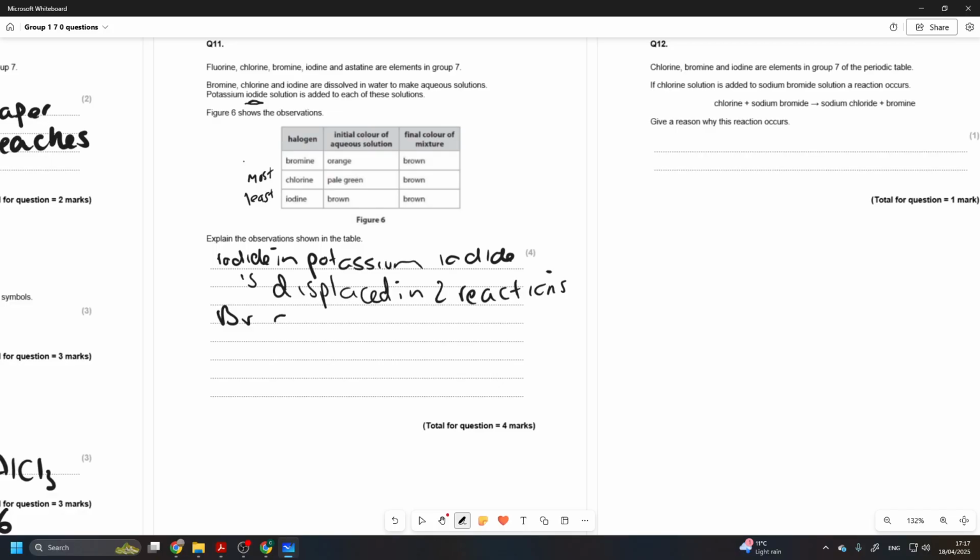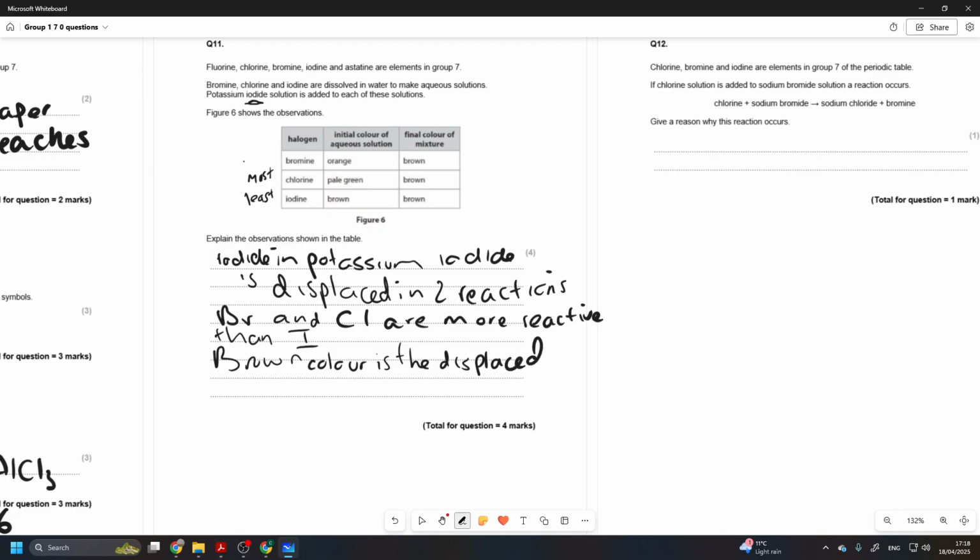Br and Cl are more reactive than I. That's why it's displacing it. The brown colour is the displaced iodine.